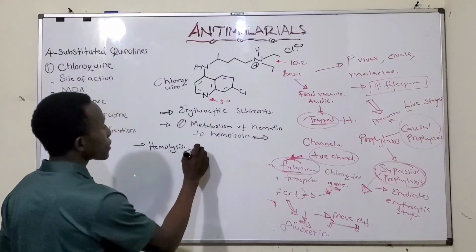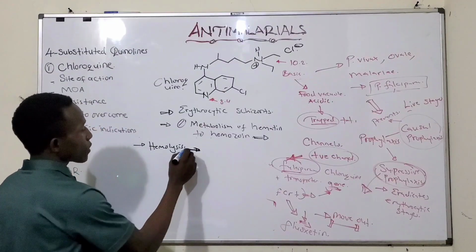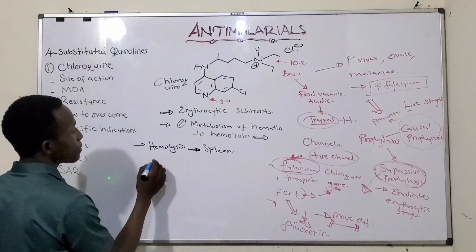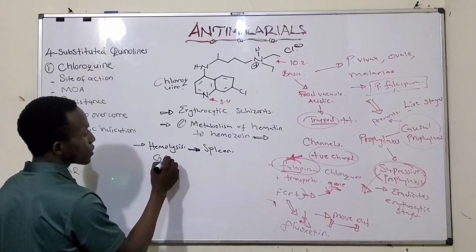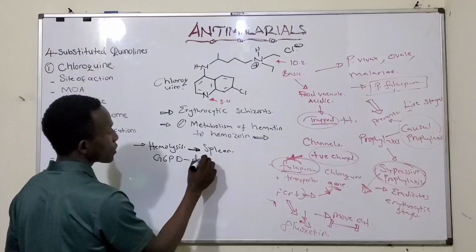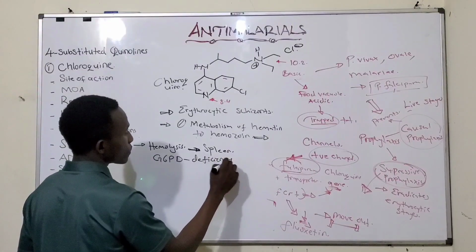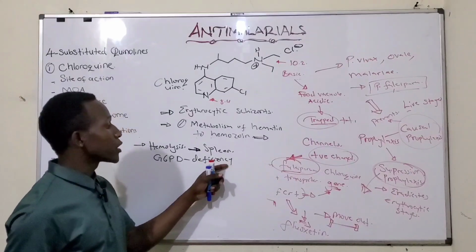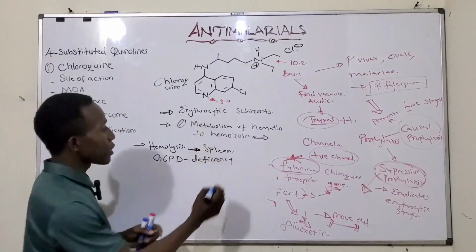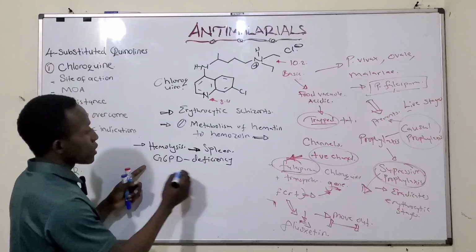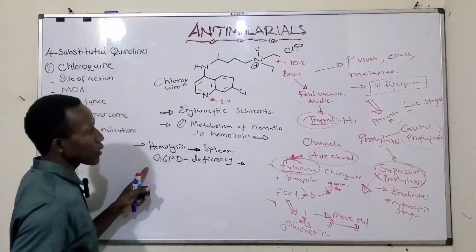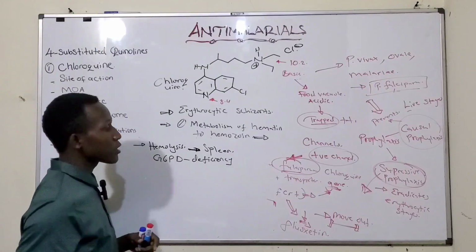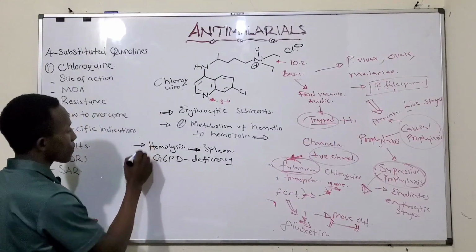So we can have hemolysis by the spleen, and this is especially in patients with glucose 6-phosphate dehydrogenase deficiency. We saw in the first video how it can affect the red blood cells in glucose 6-phosphate deficiency. This one can lead to hemolysis, and when you add the chloroquine, again there is hemolysis, so it can worsen hemolysis.